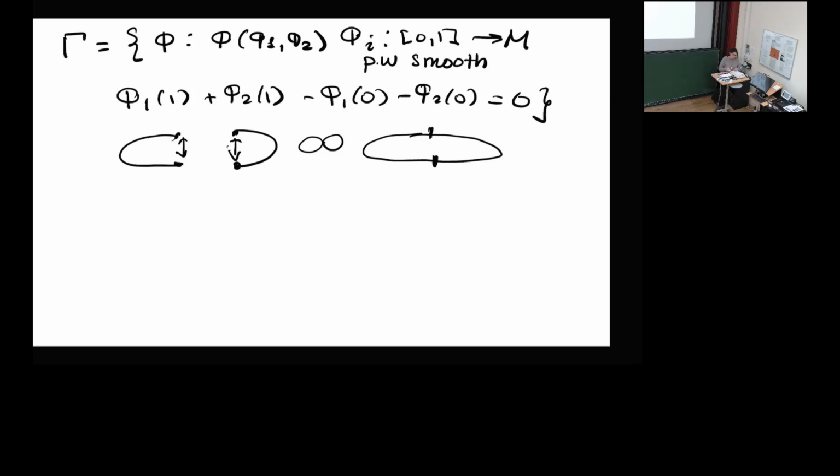And we introduce a distance on the space. So we define length, I mean, we can define length as L of phi1 plus L of phi2. And we define the topology on gamma that makes L into a continuous functional. So what are the critical points of L?